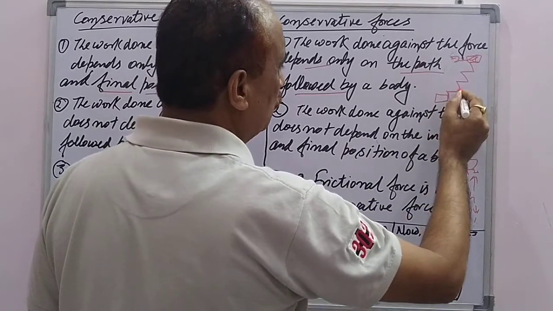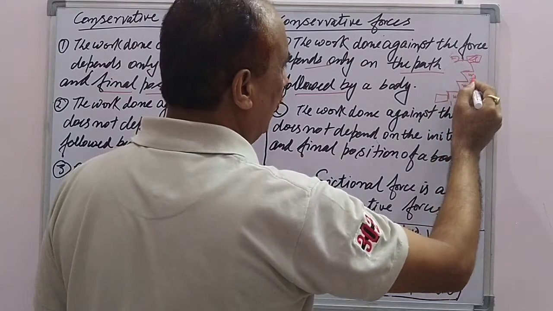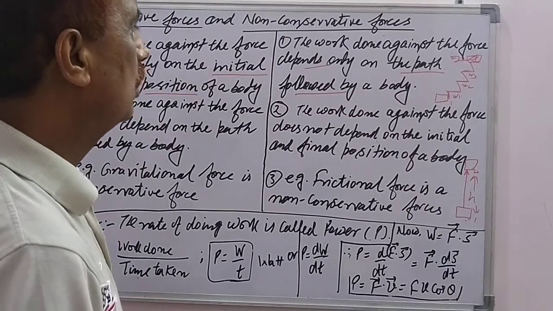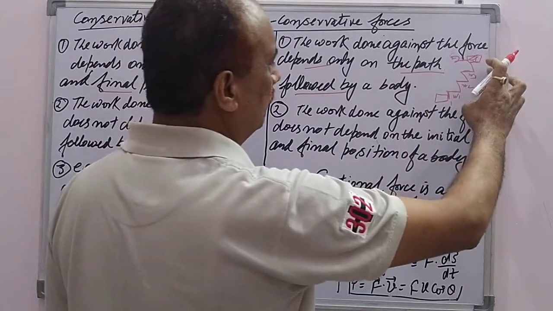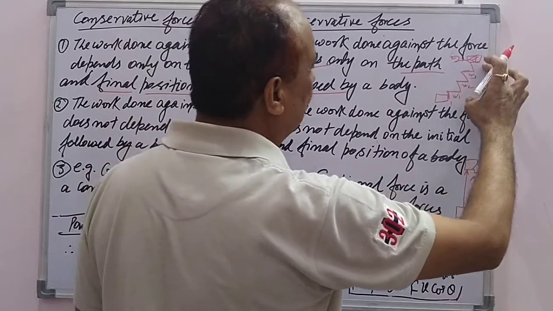So here we have to find the work done W1, then W2, then W3 at every step, and we add these work done to find the total work done. This is the method in which the work done depends on the path followed by the body.